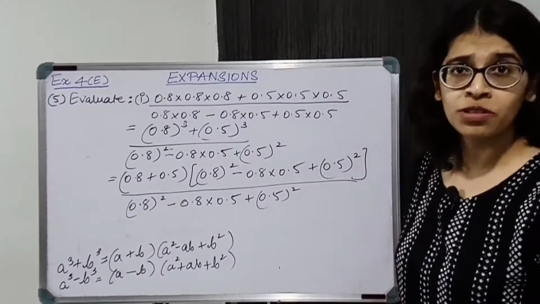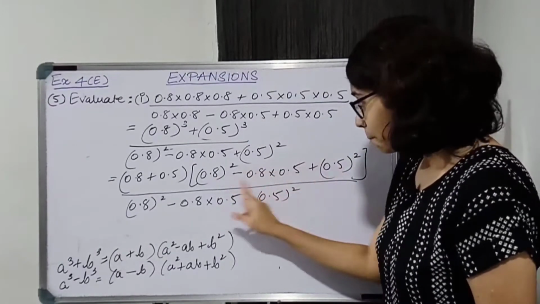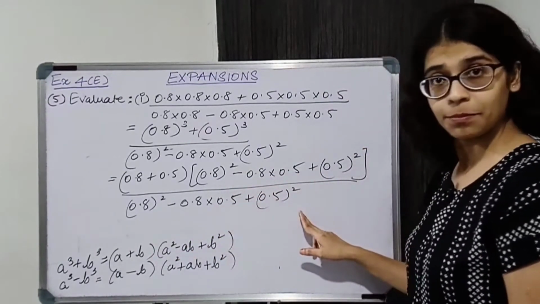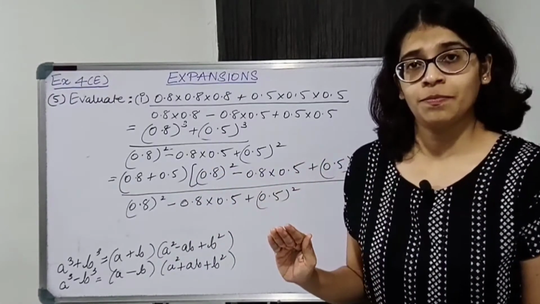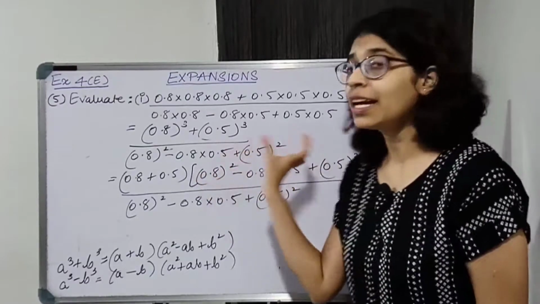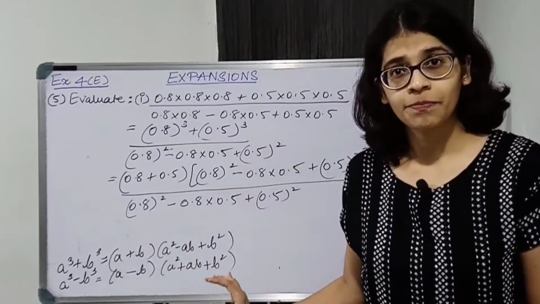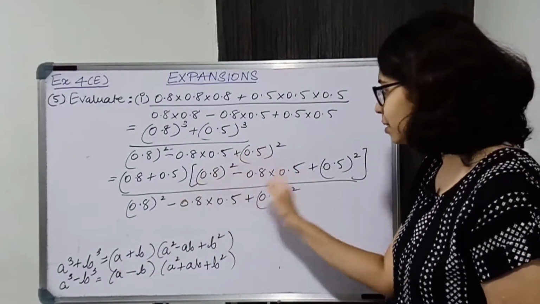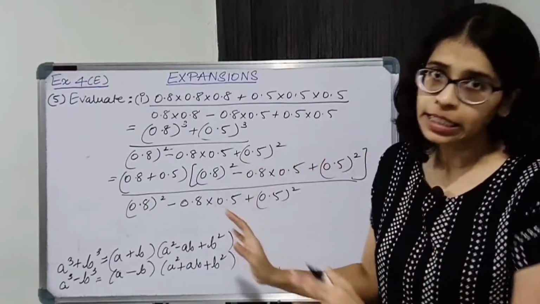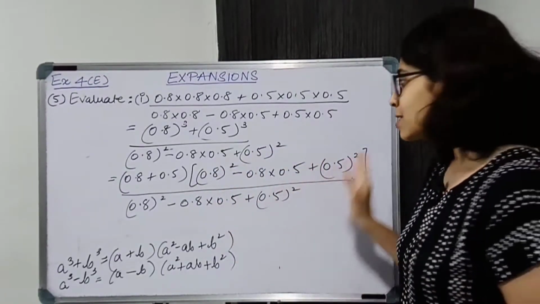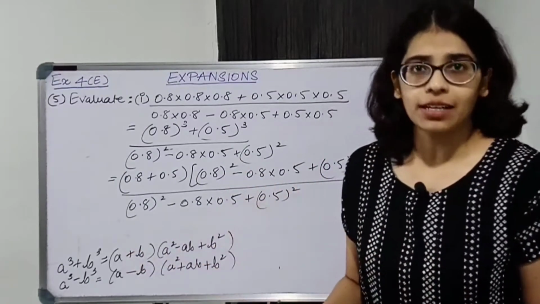If you notice, students, this entire bracket is same terms, same signs, so I can cancel out the entire bracket. Theek hai, you can't just cancel terms inside the bracket. Okay, please don't ever do that. Mathematically it is wrong. If you can cancel out the entire bracket, only then you can cancel out.